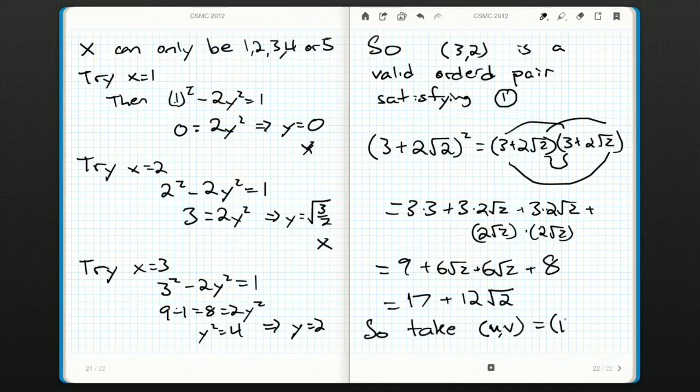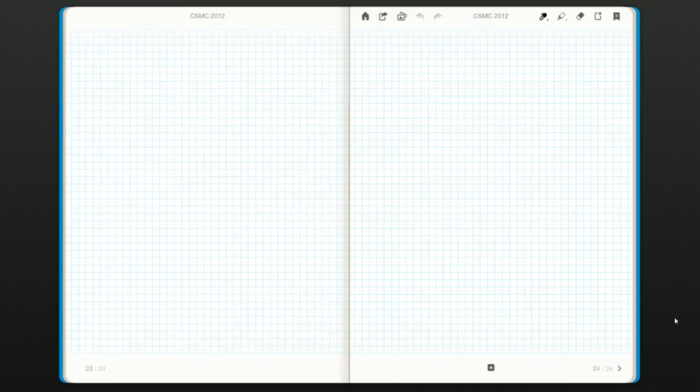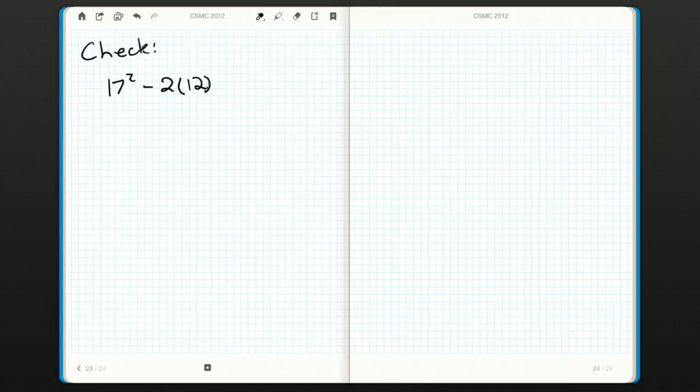So we take u and v to be 17 and 12. And we check that they satisfy equation number 1. So 17 squared minus 2 times 12 squared, that's 289 minus 2 times 144. You can get your calculator out if you're not familiar with these squares. But hopefully if you've been doing enough of these contests, you should be.